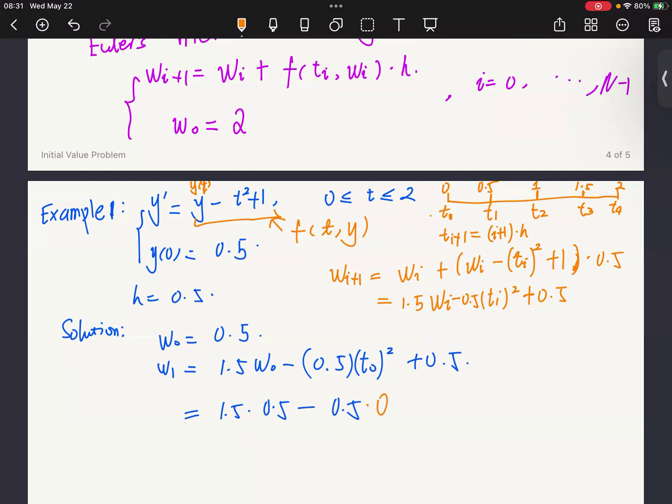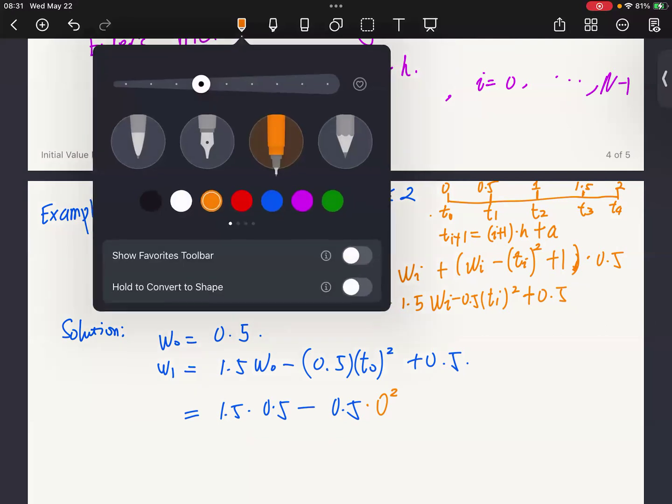This is for this example. But if the setting is not from 0 to 2, this could be (i+1)h plus the left endpoint a. So let's go back to this question, t0 equals 0. So we have 0 squared and plus 0.5.